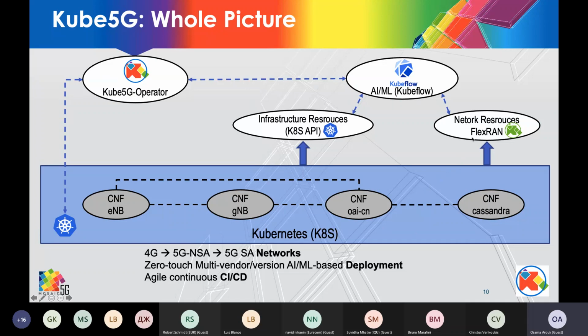After that, we get the statistics from the deployed network, using FlexRAN, for example, to get the monitoring information from the RAN. We also get the information about the consumed resources, CPU and memory, using the Kubernetes API. This information goes to Kubeflow, where you implement your model, and your algorithm exploits this information from the network and the infrastructure to take the right decision.